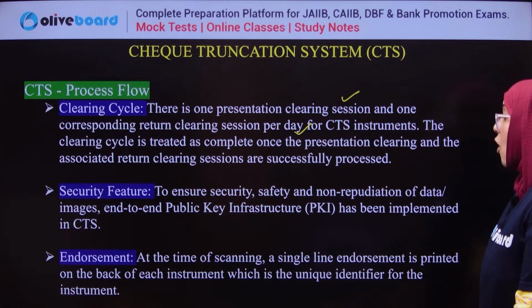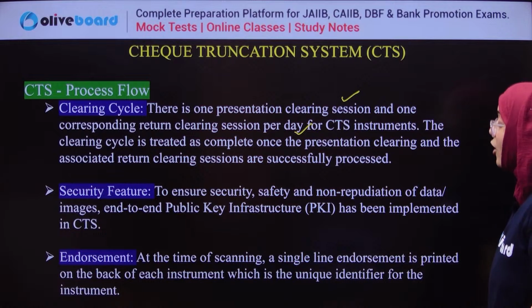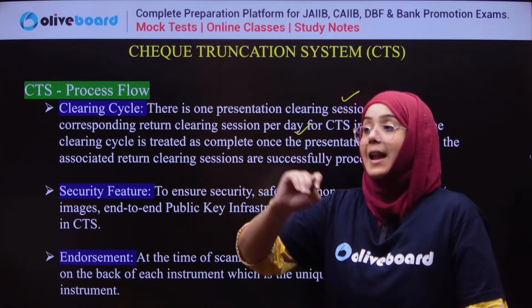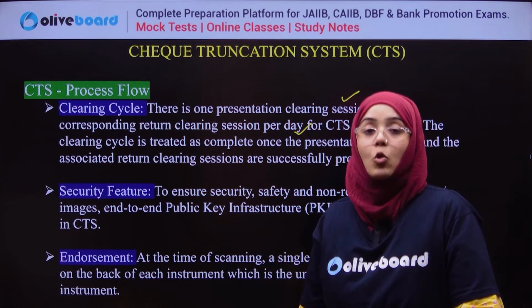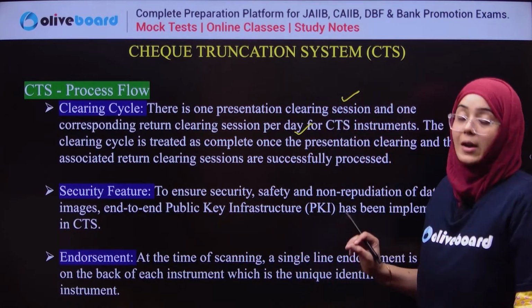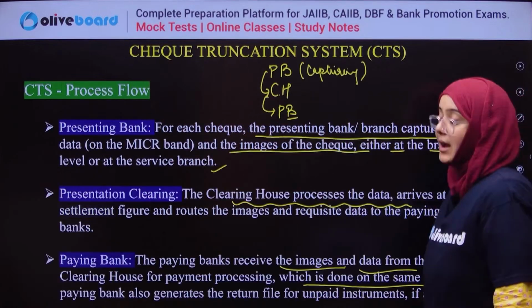Endorsement: at the time of scanning, a single line is endorsed, printed on the back of each instrument, which is a unique identifier for the instrument. So once the check is endorsed, a single line is marked, and this is the unique identifier for that check. So this is the complete process of the check truncation system.